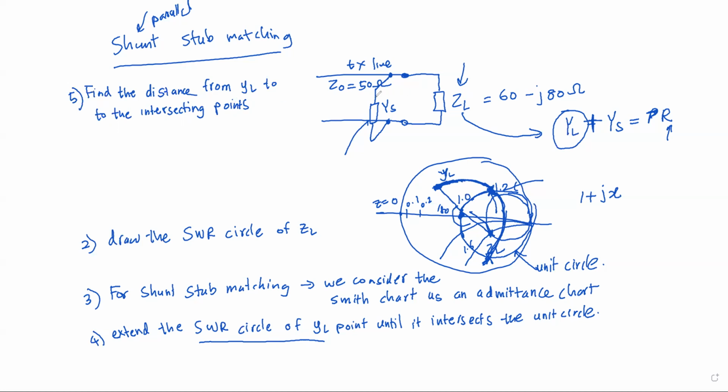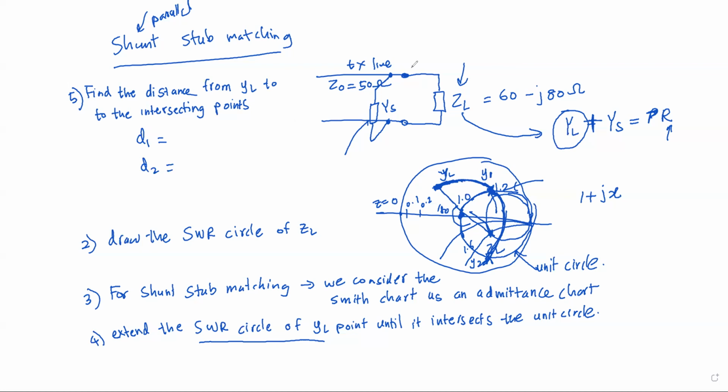Now the important next step is to measure the distance from the YL point to the intersecting points. You have two intersecting points; let's mark them as Y1 and Y2. From YL you need to measure the distance to Y1 and the distance to Y2. We mark those two distances as D1 and D2.